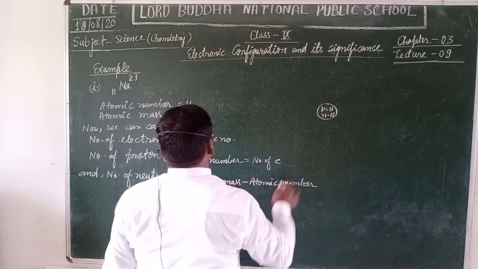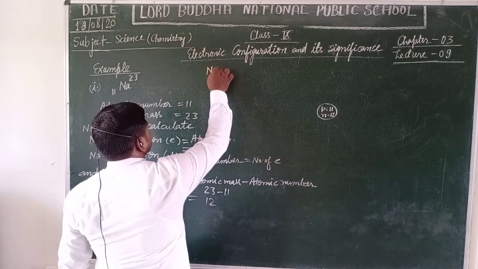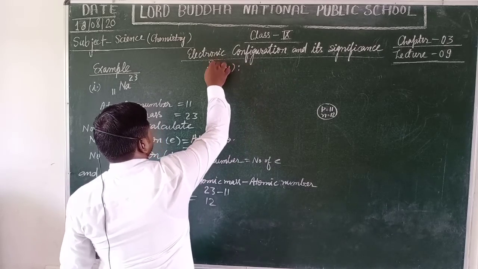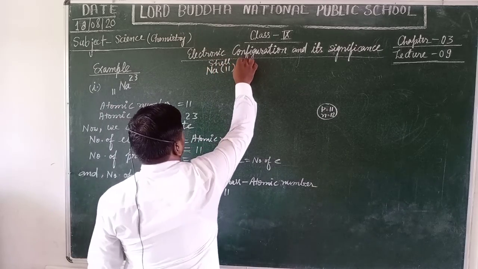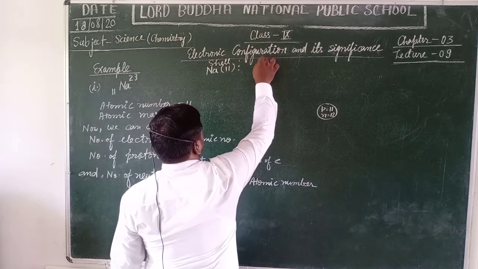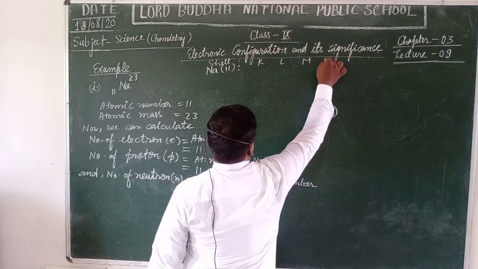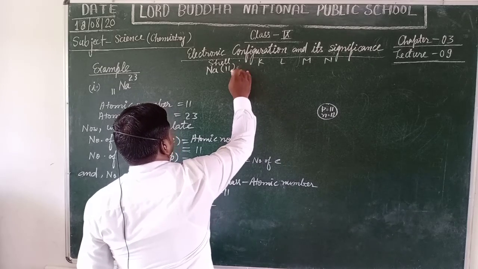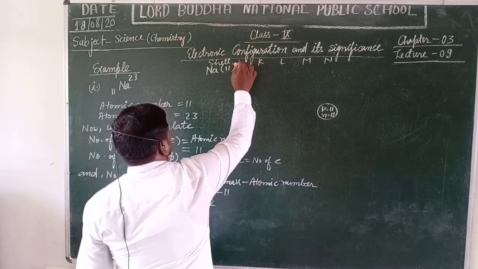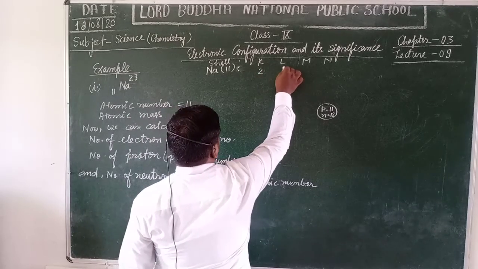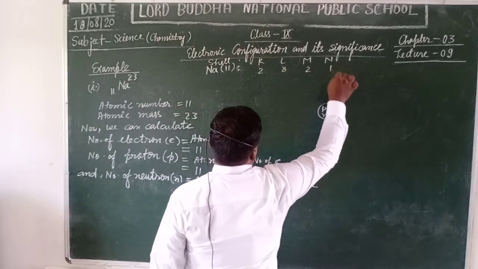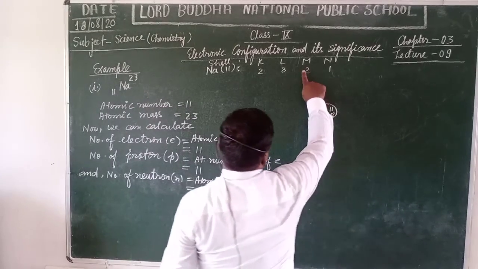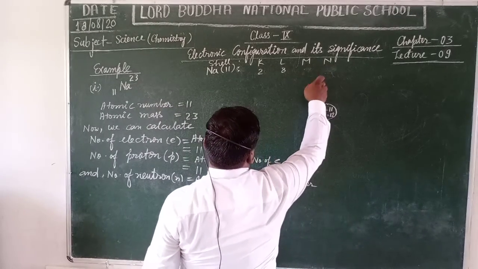Now first of all I determine the energy levels of the sodium element: K, L, M, N. The distribution of electrons in the energy levels is 2, 8 and 1.